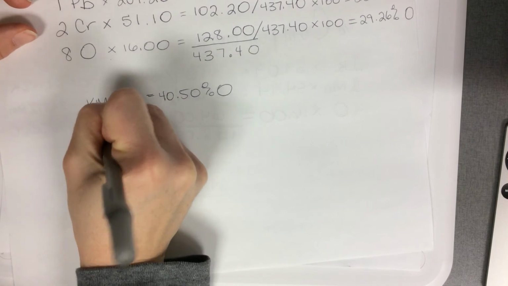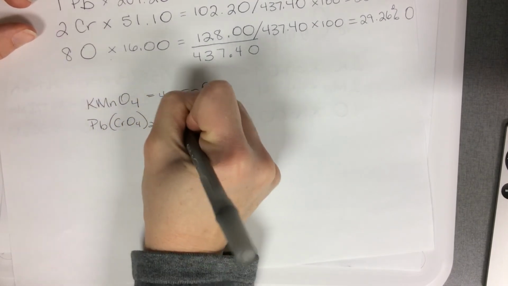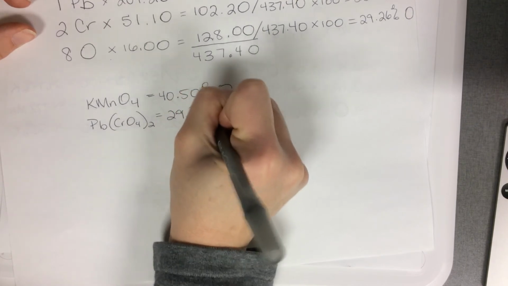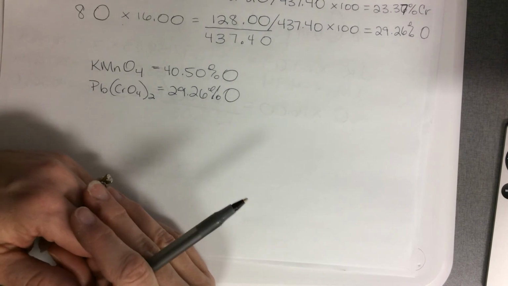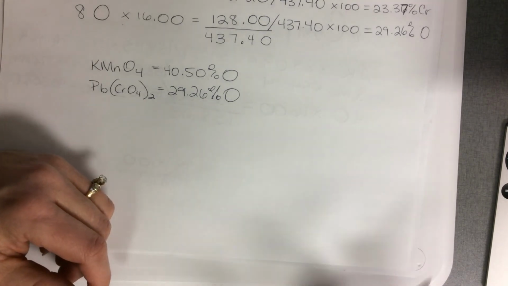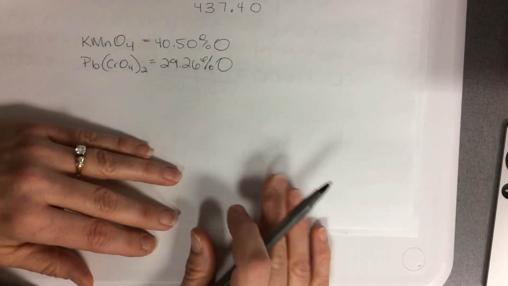And in lead 4 chromate, it's 29.26% oxygen. All right, so let's go ahead and do the magnesium hydroxide. Wait, I thought we only had to do oxygen. We do, but I'm just saying for magnesium hydroxide.